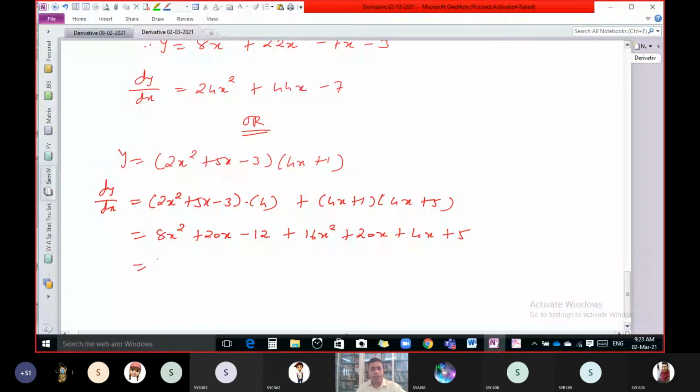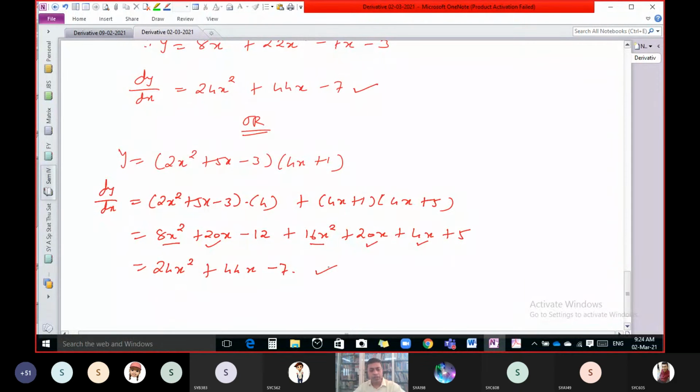And see, final simplification. 8x square plus 16x square, that is 24x square, plus 20x plus 20x plus 4x, that means 44x, and minus 12 plus 5, that means minus 7, and this is our final answer. 24x square, see, the same answer we have here.